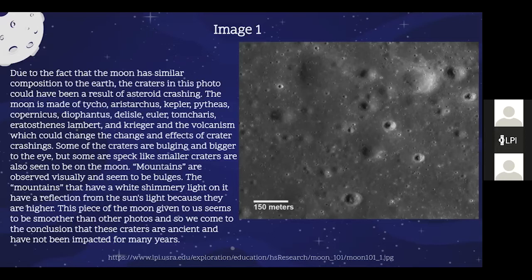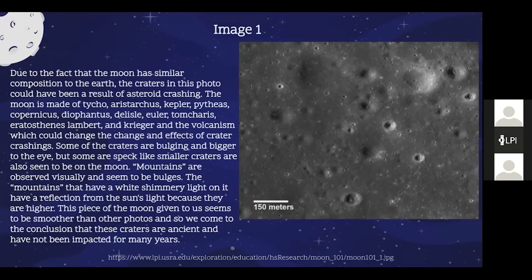This piece of the moon seems smoother than any other photos we were given. So this shows that some of these crater crashings could be really old and ancient, and this area hasn't been impacted for a long time.